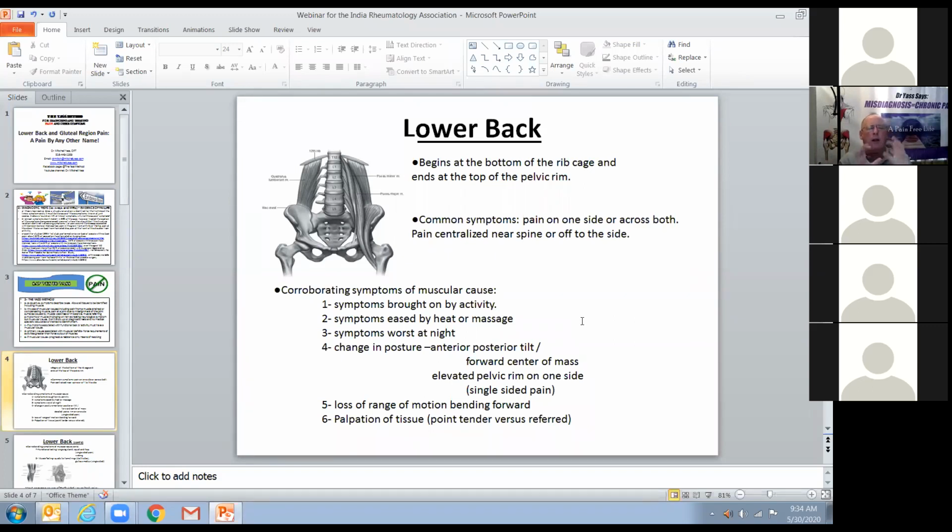Number 3, it's worse at night. This is the one that kind of confuses people about muscular causes, because you would think that if you're doing activity and the muscle strains, you would expect the pain to be at the time of the strain. Well, here's why that doesn't happen. When you're doing activity, muscles are contracting. A byproduct of muscular contraction is lactic acid buildup. Lactic acid will build up and convert the pH of the blood to acidic, and the body never wants that to happen.